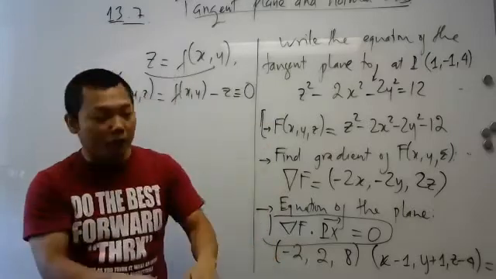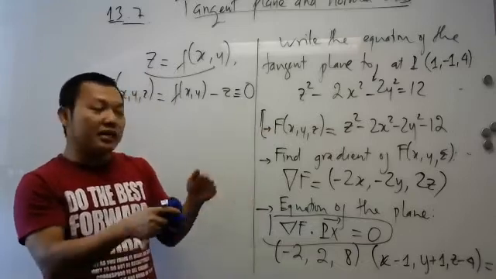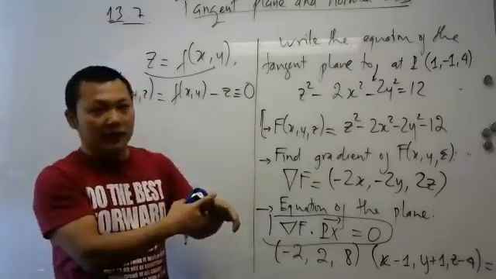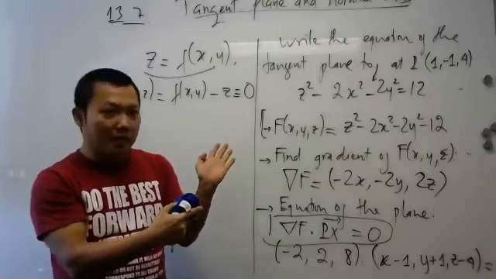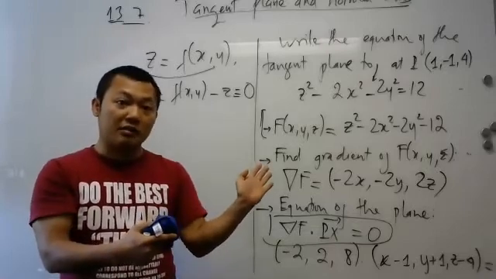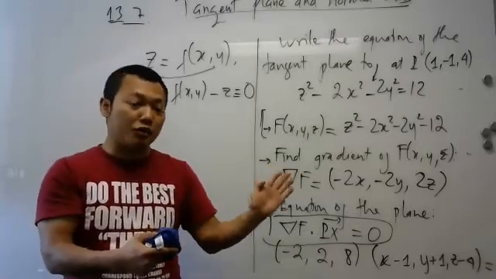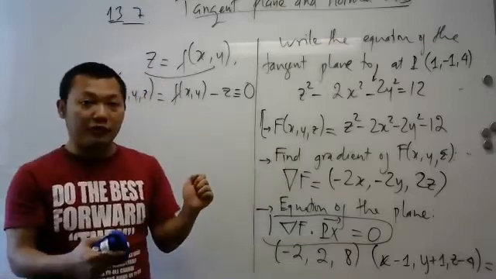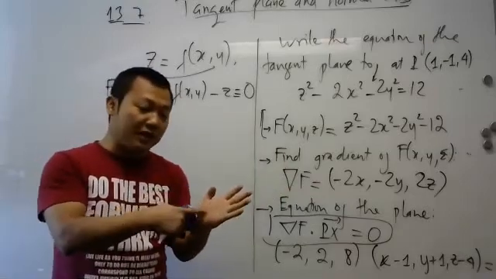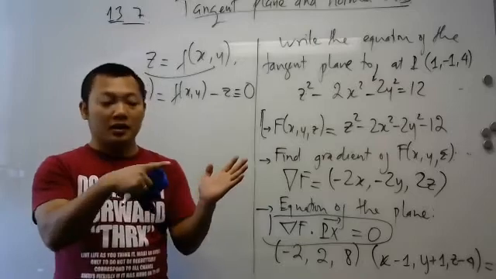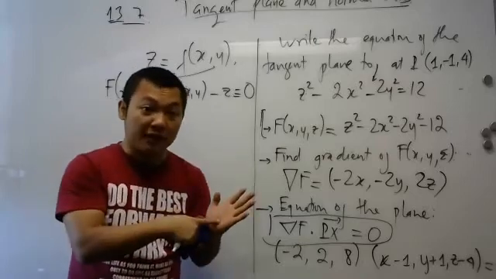We figured out that each time the gradient of that function is perpendicular to the level curve, and that is true for functions of three variables: the gradient is perpendicular to the level surface.